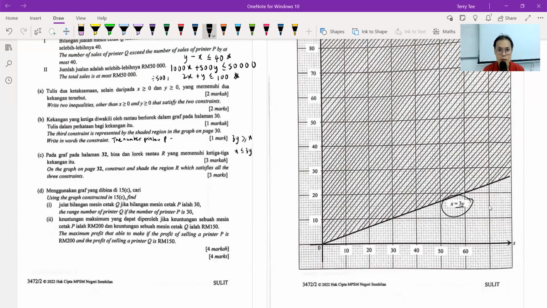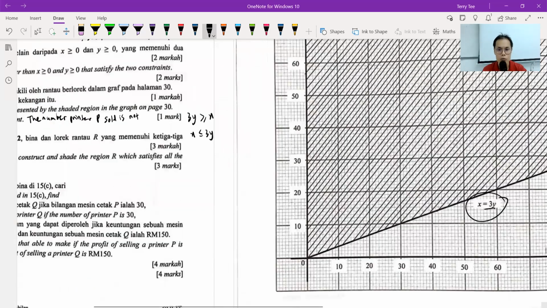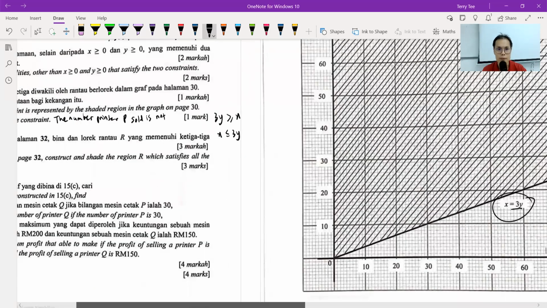You can say less than, or you can say not more than. Maybe I should say not more than, because less than cannot be equal. Okay guys, I better zoom in a bit, it's hard to write, it's very small here.